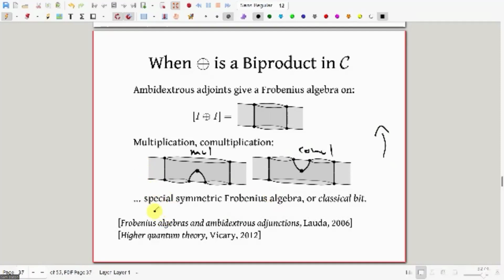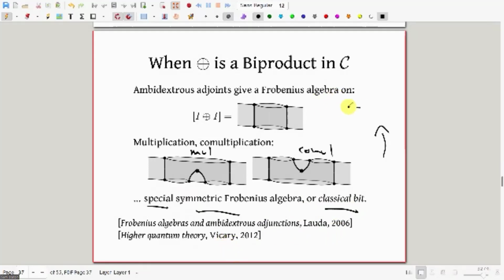It also turns out to be special, and it's not too hard to show that. And it's showing that it's symmetric. This is much more tricky to show using these string diagrams, because I think you're going to need a lot of sheets, and I haven't actually, this is maybe where you need to work symbolically to figure that out. But yeah, this is what Jamie Vicary calls a classical bit.